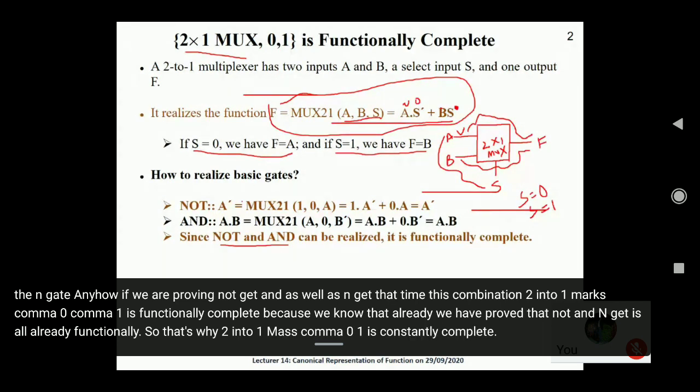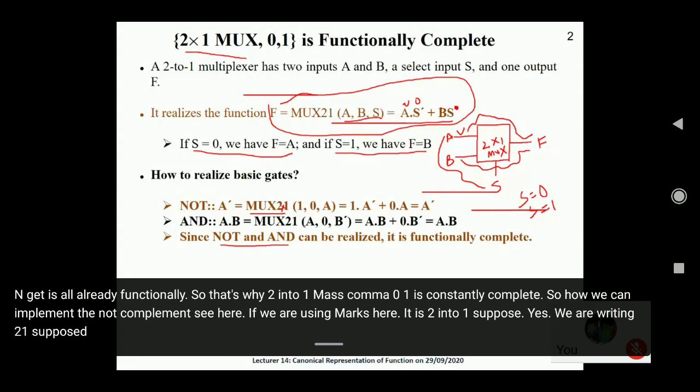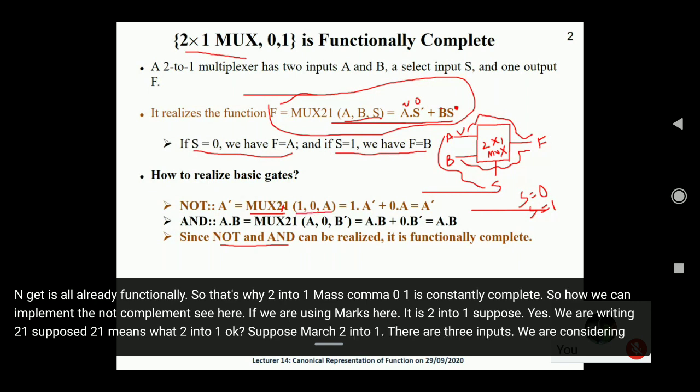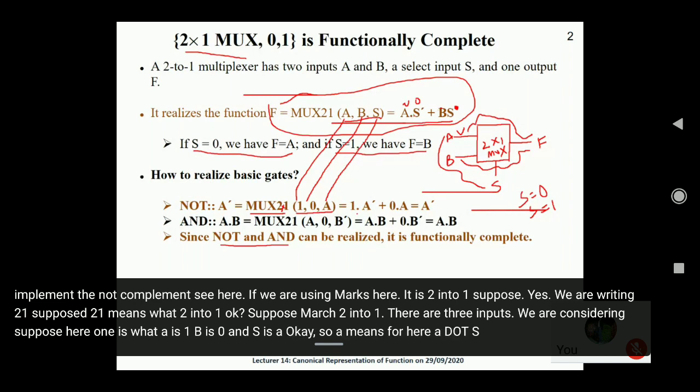So how can we implement the NOT complement? See here, we are using a mux, it is 2 into 1. Suppose there are 3 inputs we are considering. Suppose here A is 1, B is 0, and S is A. Okay. So here A dot S bar, A is 1, and S bar is A bar.